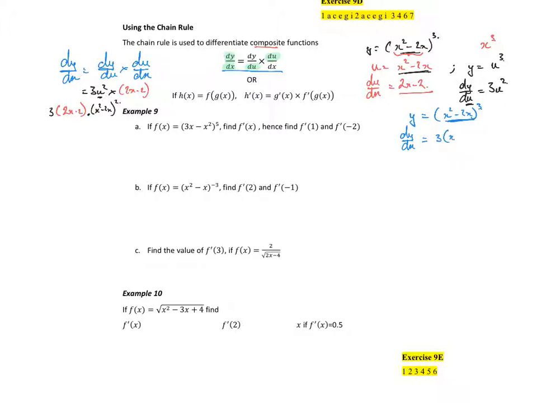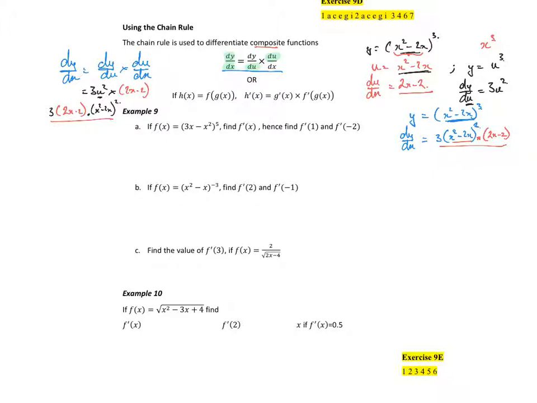We multiply by x squared minus 2x, because that's what's being raised to a power, and we take 1 from the power, which gives 2. Then we multiply by the derivative of whatever is inside, which in this case is 2x minus 2. That's what the chain rule is in the shortest form. If you compare our two answers, they're obviously the same, and that's the way I'm going to get you to approach it.